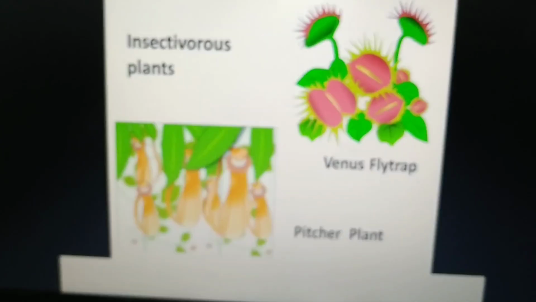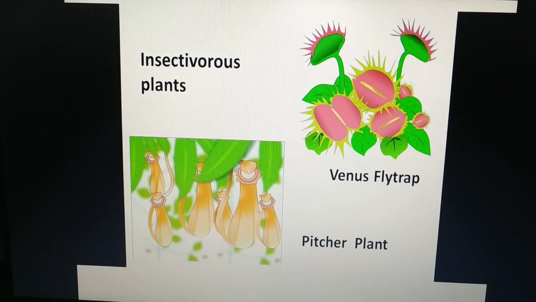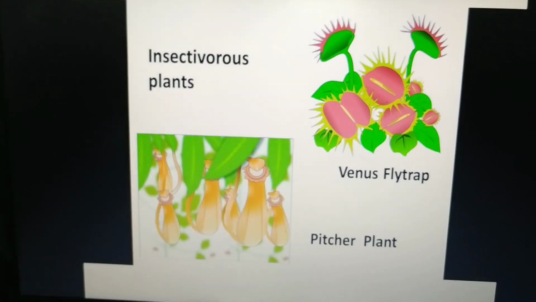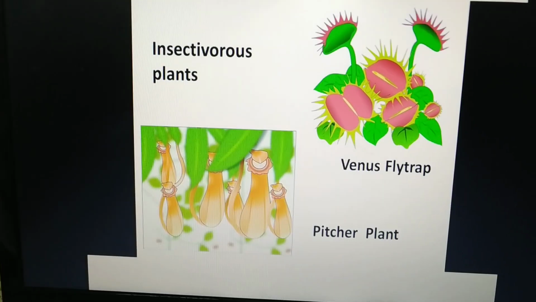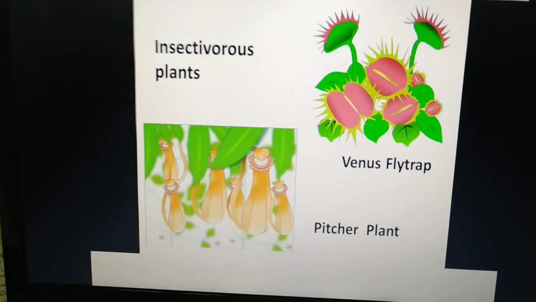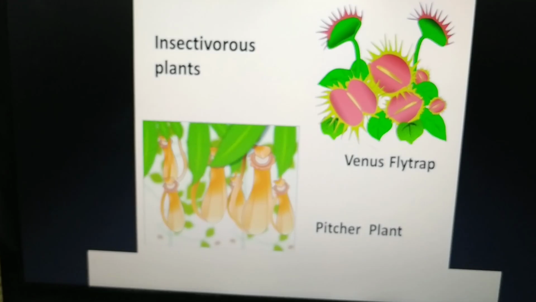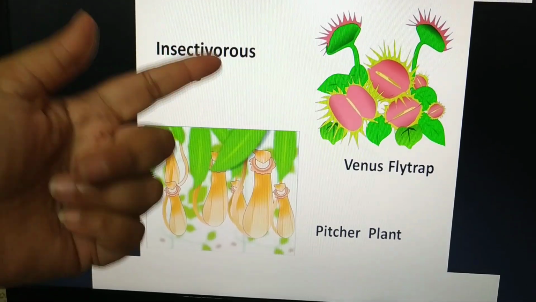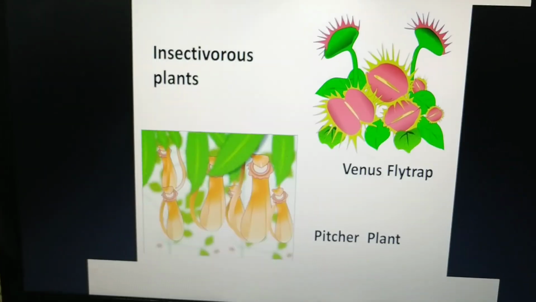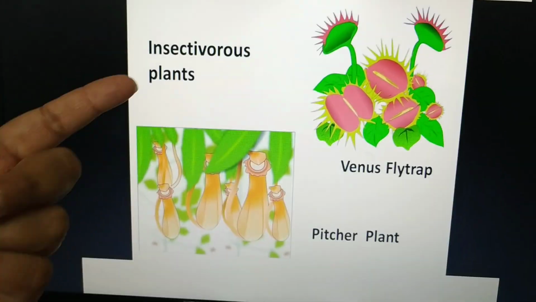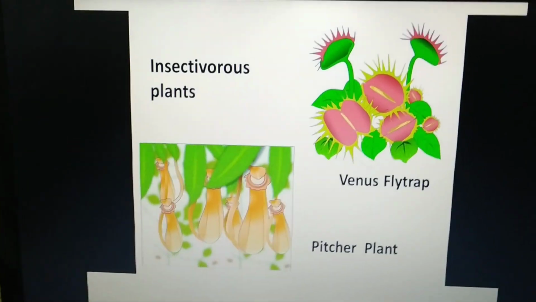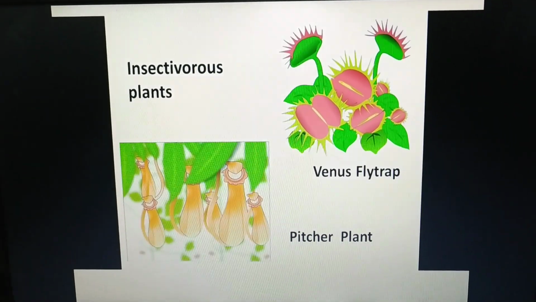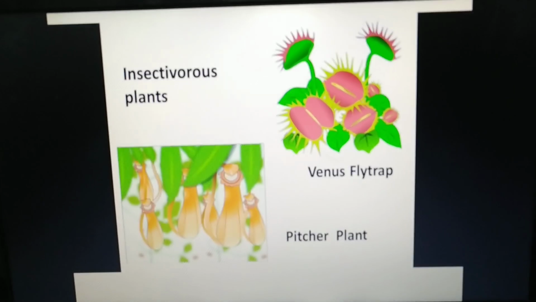There are some secretive juices inside the pitcher by which the sap of the insect is taken up by the membrane of the pitcher, and that is how this pitcher plant fulfills its nitrogenous requirement. Similarly, Venus flytrap, Utricularia and some other plants are also insectivorous plants which feed on insects and fulfill their nitrogenous requirement.